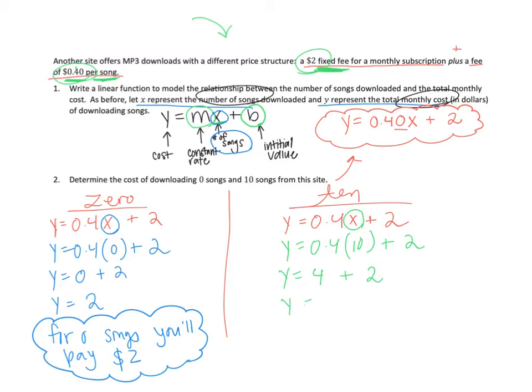And then we do 4 plus 2. This is 6. So when X is a 10, Y is a 6. So what this means is that for 10 songs, you will pay $6 that month.